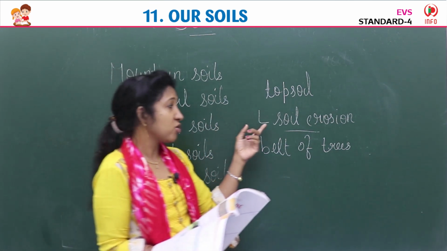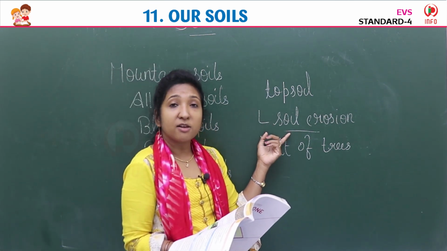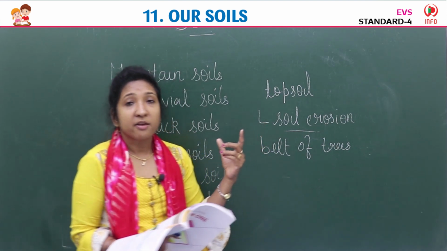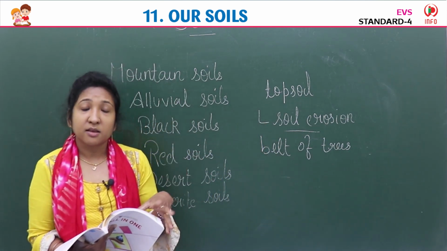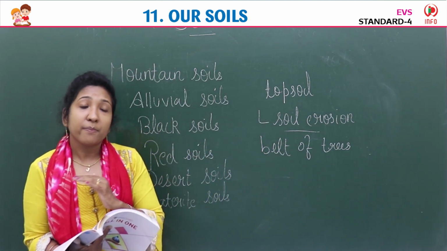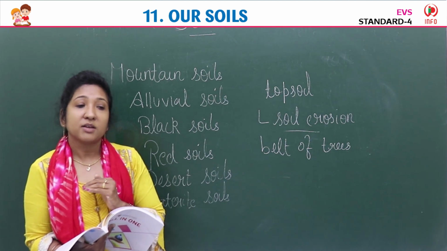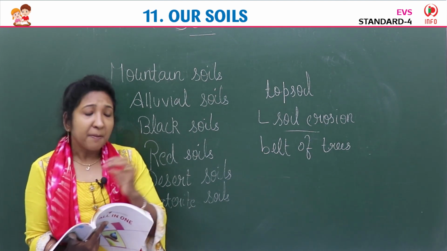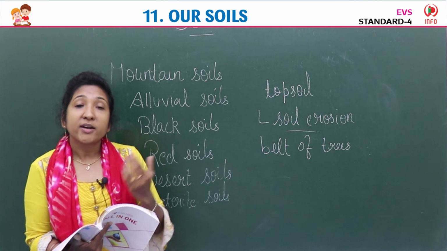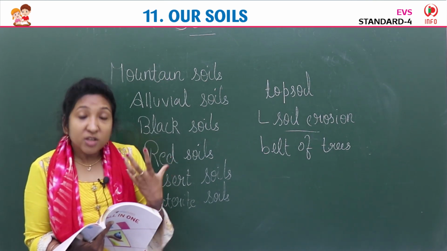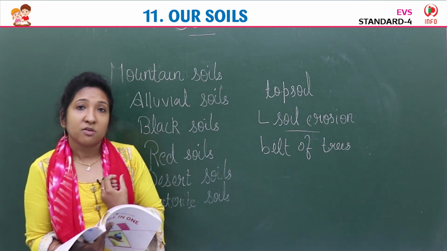That is soil erosion. So to protect soil from this condition, we can do some things. Mainly we should stop cutting of trees and dumping waste here and there. Whatever we can do, we should take care, isn't it?